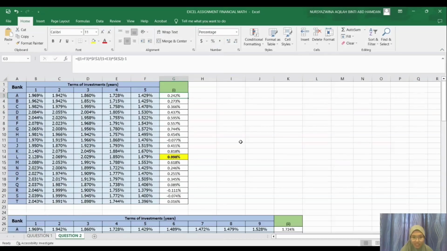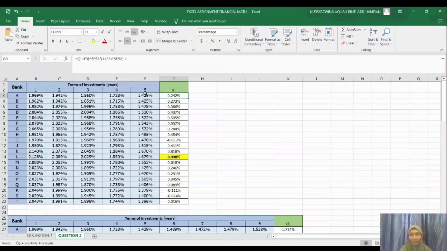For the first question, I just copied and pasted the spot rate for each bank up until 5 years only, because we need to find the 1-year forward rate at time 5 years. So the 1-year forward rate at time 5 years is at the year 4. So our symbol is going to be F in the bracket for 5.